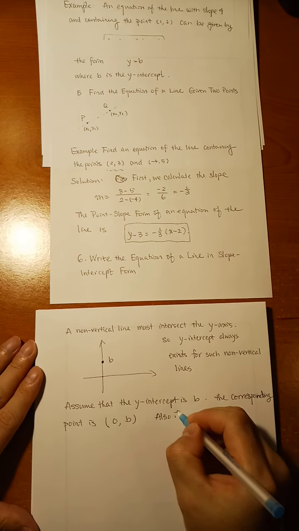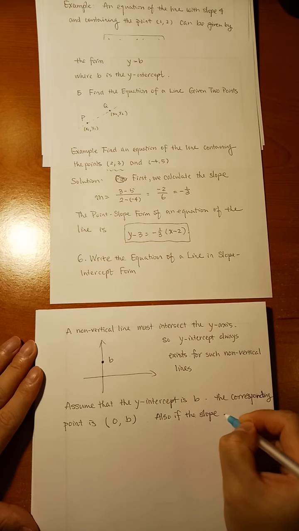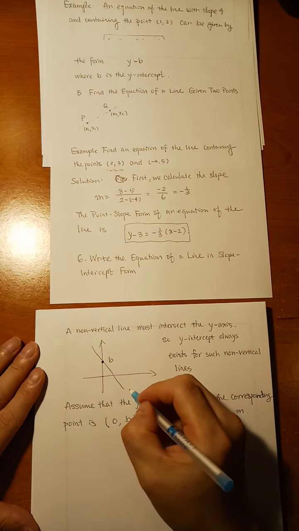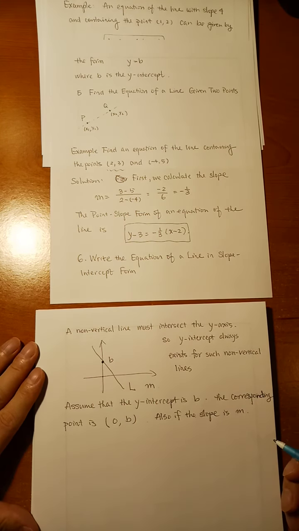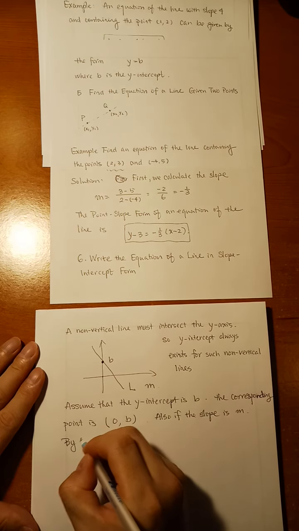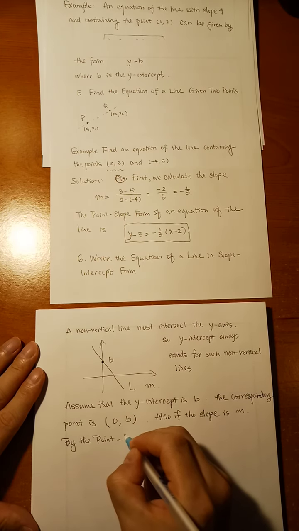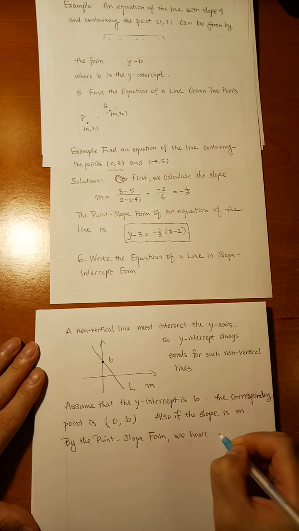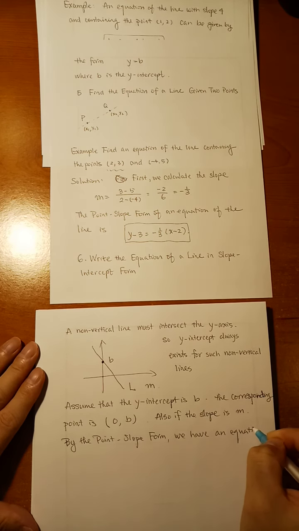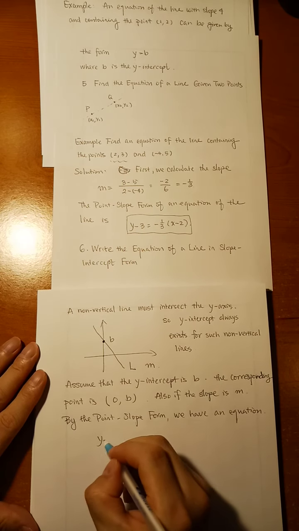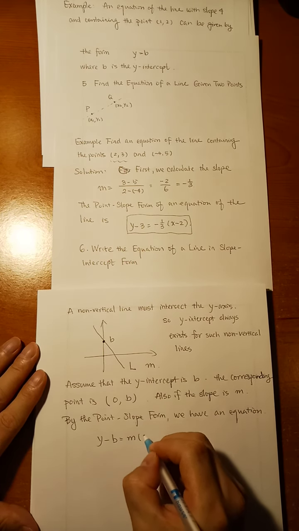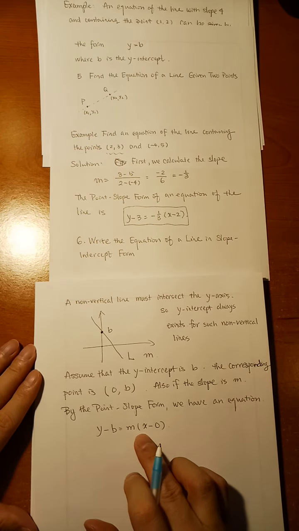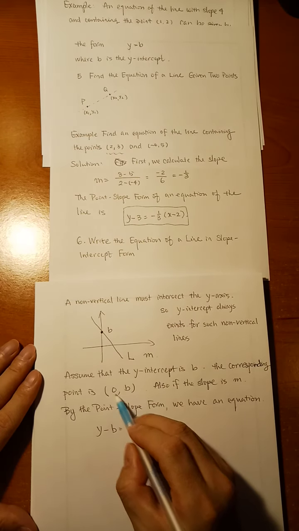Also, assume the slope of the line is m. Then by the point slope form, we have the equation. What is the point slope form? y minus y1 is equal to slope times x minus x1. The x-coordinate is 0.